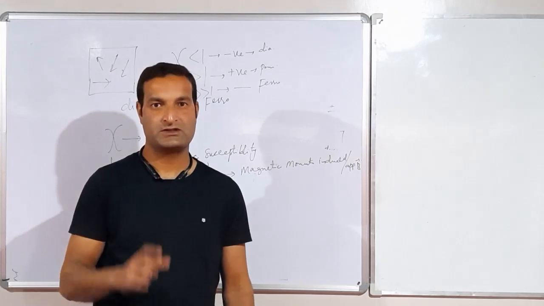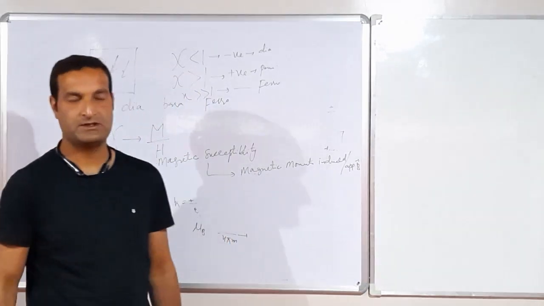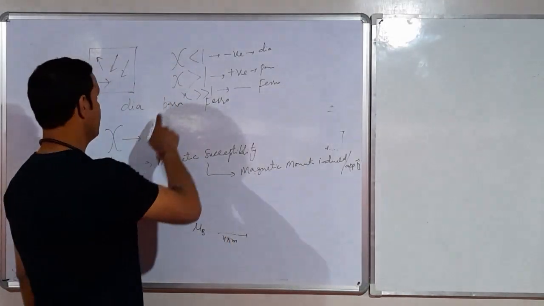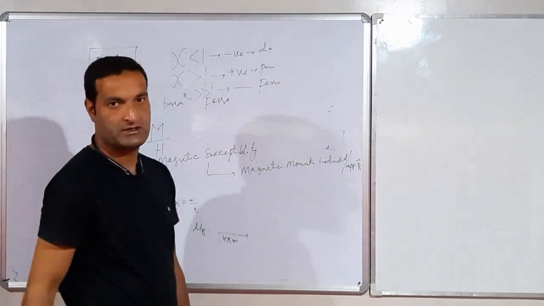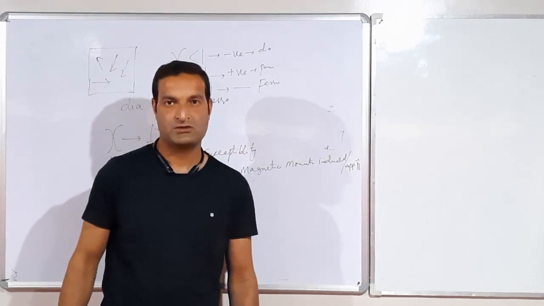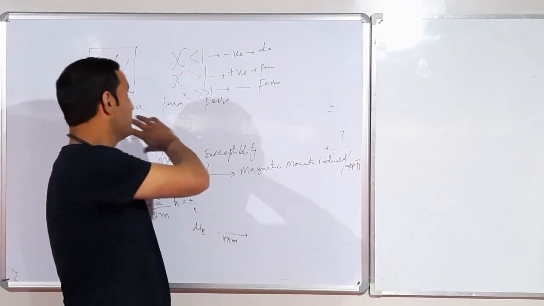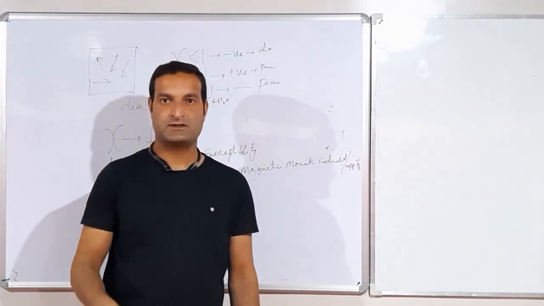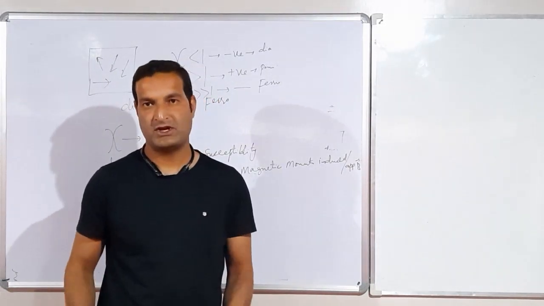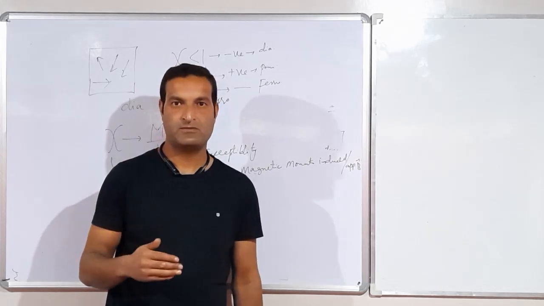So they are strongly attracted in a magnetic field, and the value of the magnetic susceptibility will be very large, greater than 1. This classification of magnetic materials will be discussed in lecture 2. So I hope you understood well. Thank you.